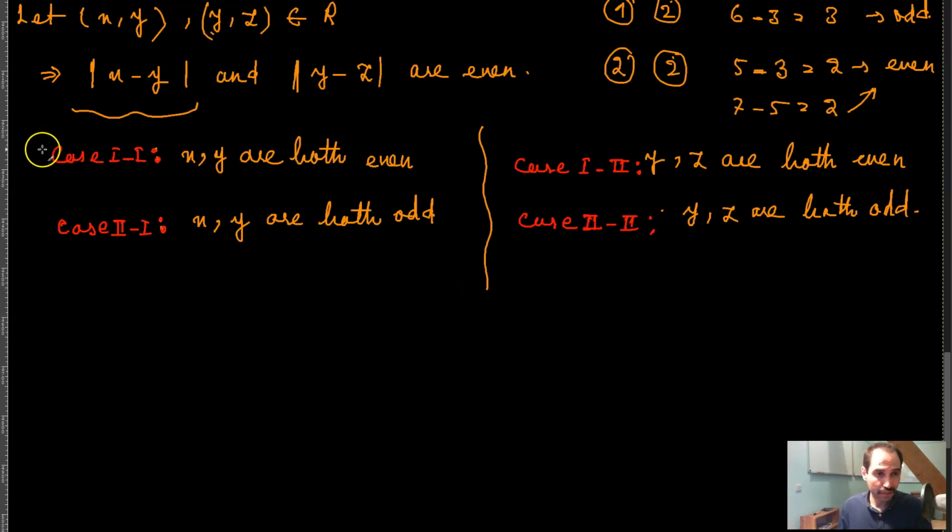Or you can just enumerate them as 1, 2, 3, and 4. Let's not make it so complicated unnecessarily.